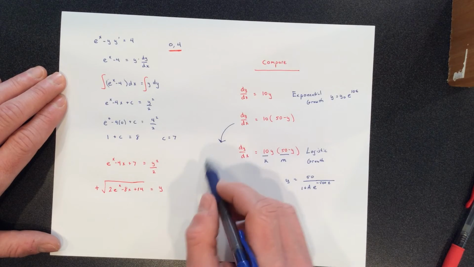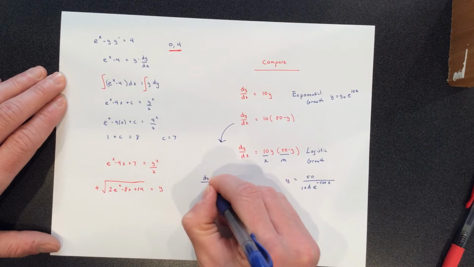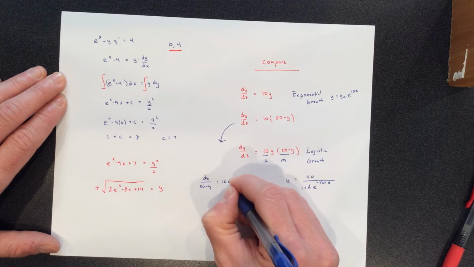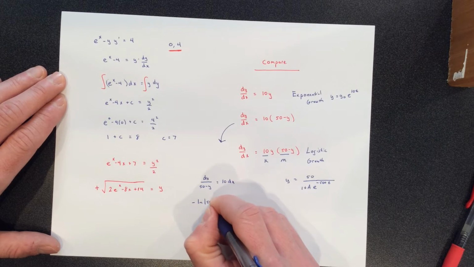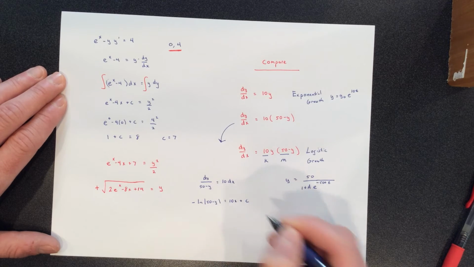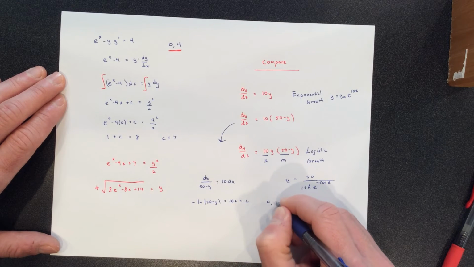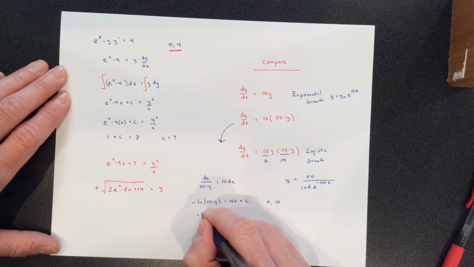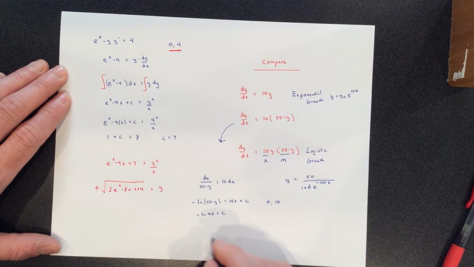So if you did this guy, you would move this on the other side. So dy over 50 minus y equals 10 dx. You'd integrate both sides and get negative natural log of 50 minus y equals 10x plus c. And let's say y at 0 equals 10 or something. That's the initial population. So then this would be negative natural log of 40 would equal c.